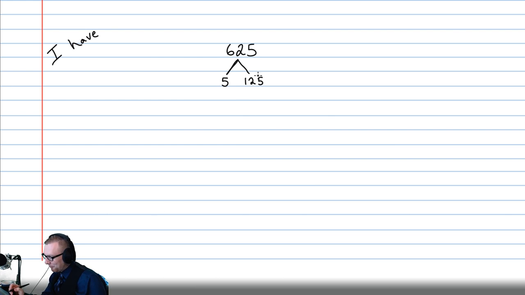What can you break down further? So you have 5, which is prime, but 125 isn't prime. So 5 times 25. Okay, good. And 5 times 5. So 625 is broken down into primes.